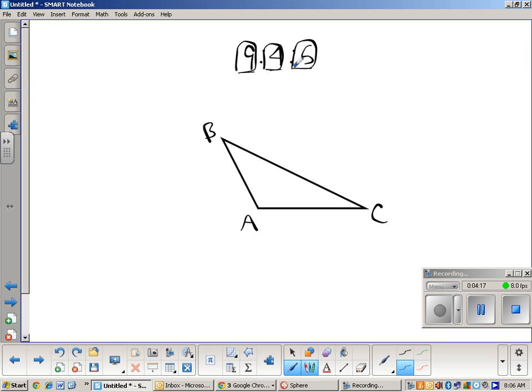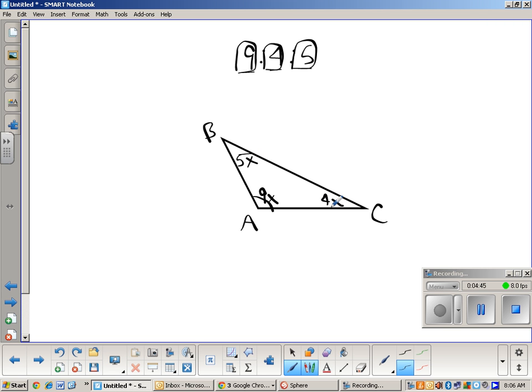So my question is, how big is each equal piece? Do we know? No. So when we don't know, what do we assign it? A variable, and I'm hearing someone say x. So how big is the big angle then? 9 x's. How big is the next biggest angle? 5 x's. How big is the next biggest angle? 4 x's.